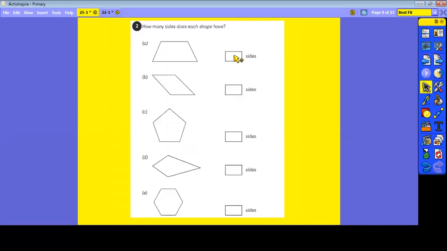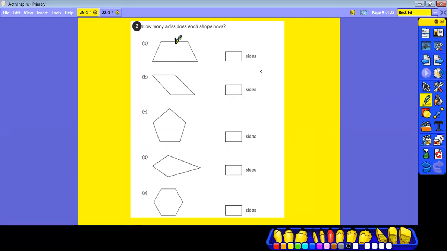And on question 2, you've just got to count up the number of sides. If you could name the shapes as well, that would be a good challenge activity, wouldn't it? And if you can't, that's okay. You can just write the number of sides. And remember, to help you can always mark them off. 1, 2, 3, 4. Okay.